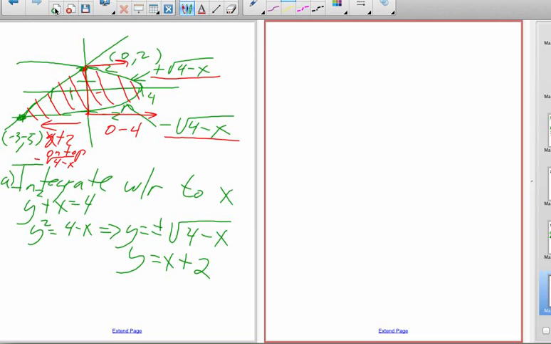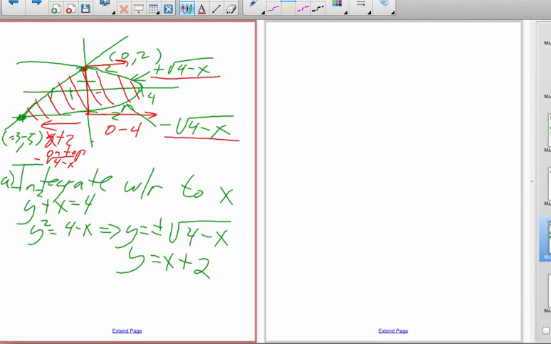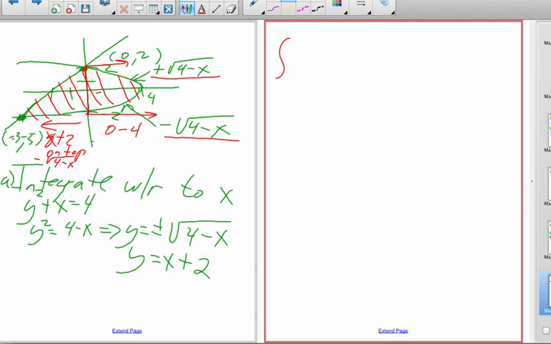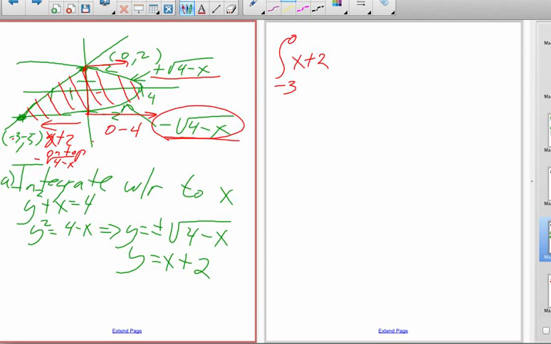So let's do this. So the first one then is going to run from -3 to 0. I'm going to have an integral from -3 to 0. And I'm going to have my x plus 2 on top, so it's going to be x plus 2. And then I'm going to subtract the negative on bottom.